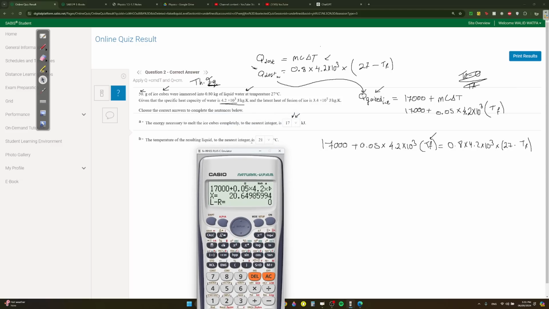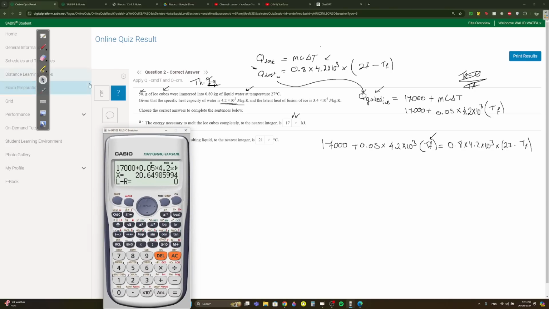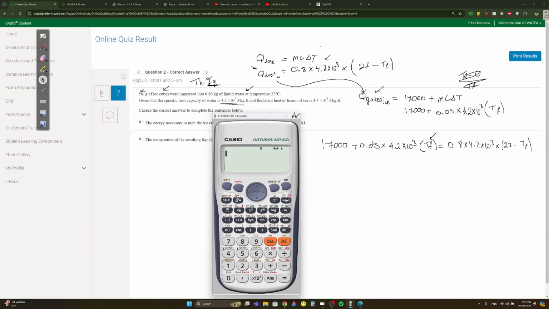To the nearest integer it is 21 degrees Celsius. Okay, if you don't have this function on your calculator, you're just gonna have to do it manually, like you're solving an equation. You just start multiplying everything.